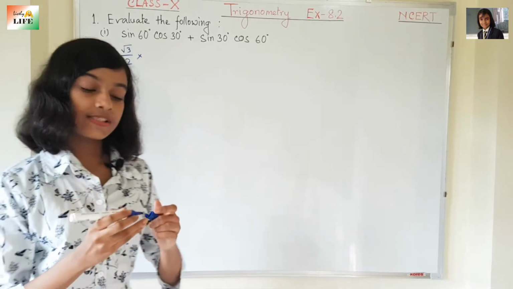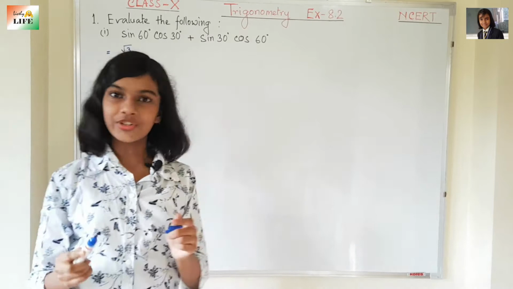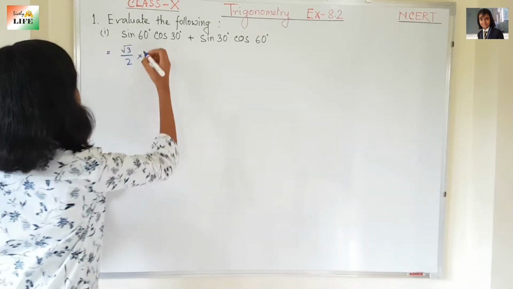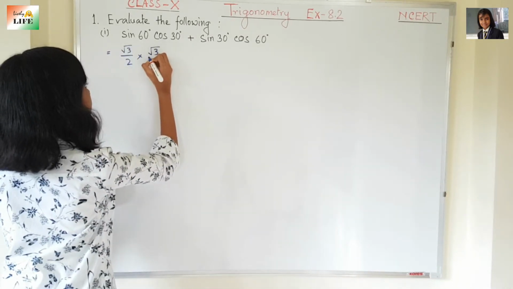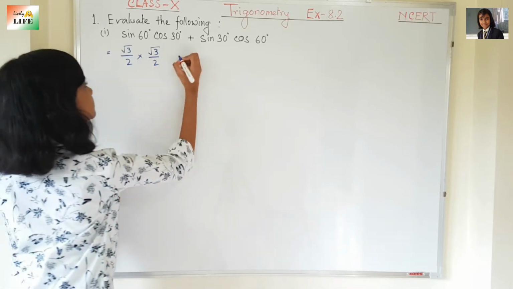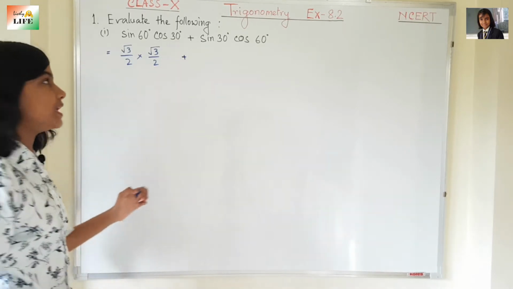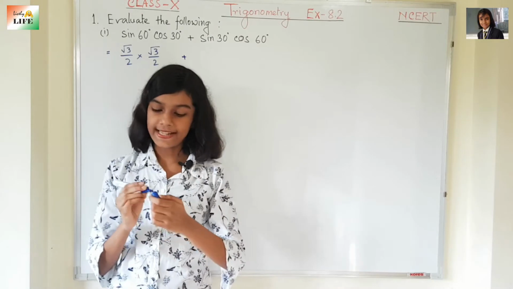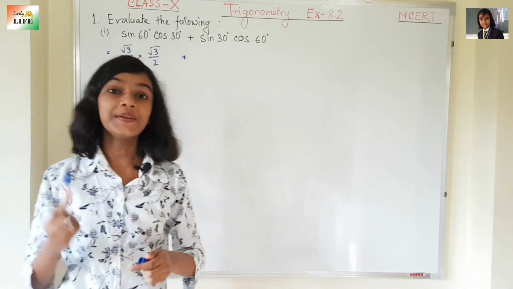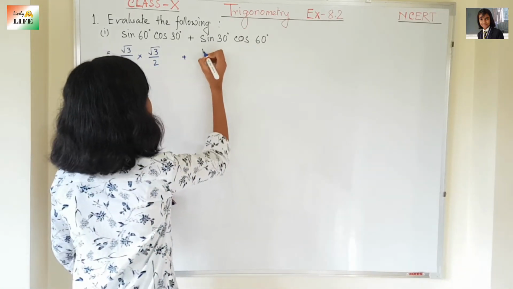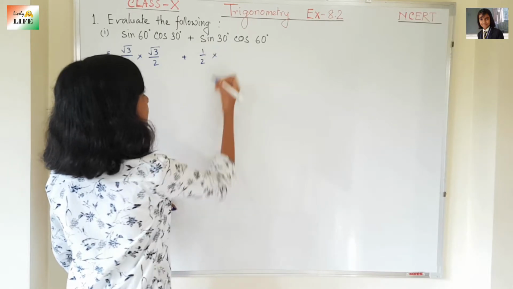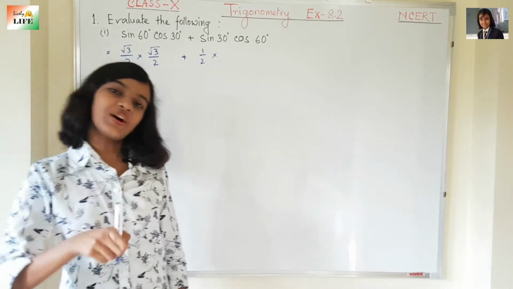And what was cos 30? Cos 30 was also root 3 by 2, right? Plus sine 30, what was sine 30? Sine 30 was 1 by 2. And cos 60 was also 1 by 2.